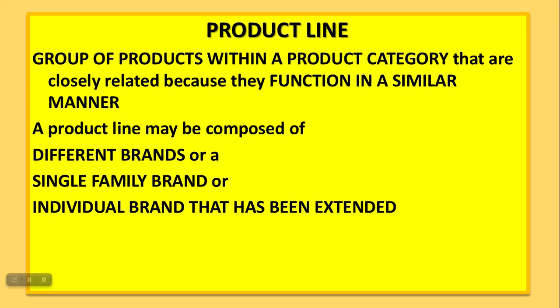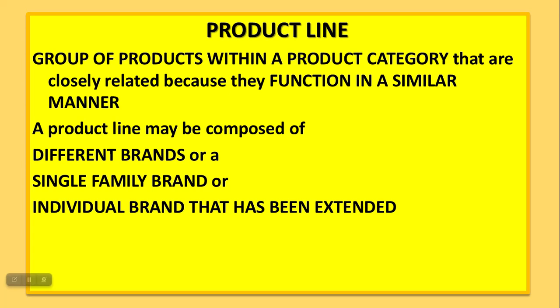For example, cold drinks or soft drinks, Coca-Cola is there, that is Coke, and then there is Fanta, and there is some other cold drink as well of the same type of nature of the product.